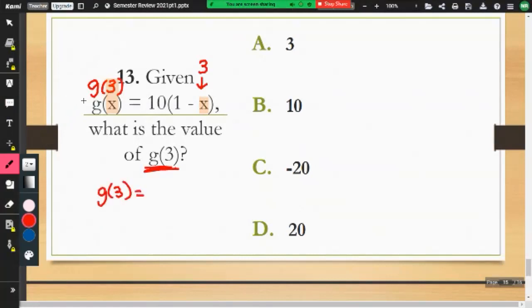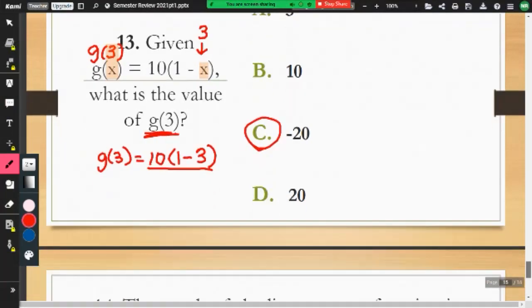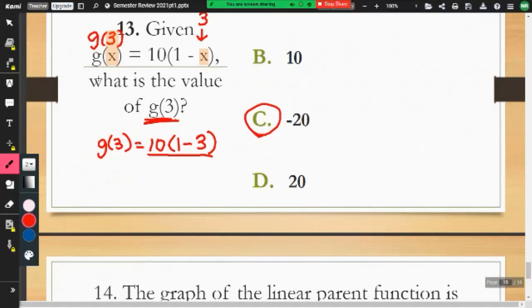it becomes g of 3 is equal to 10 times 1 minus 3. I can type 10 times 1 minus 3 in the calculator. Easy peasy, you get your C. There's some people that just want to do it in their head. So what's 1 minus 3? Not just 2.